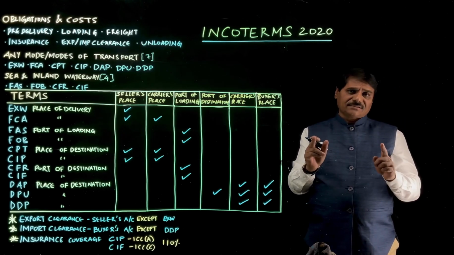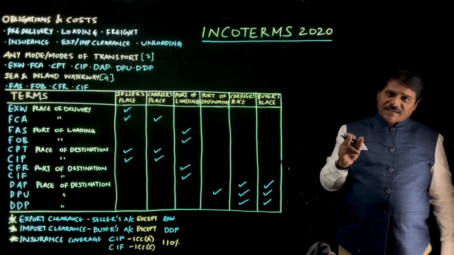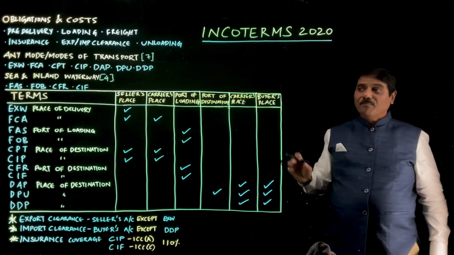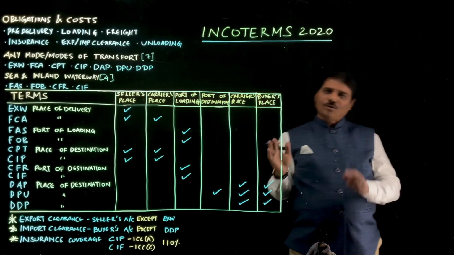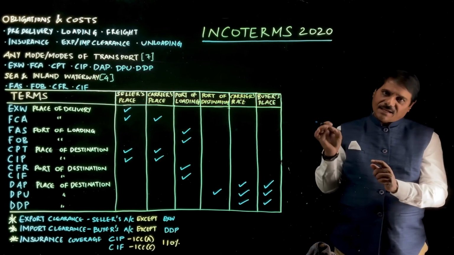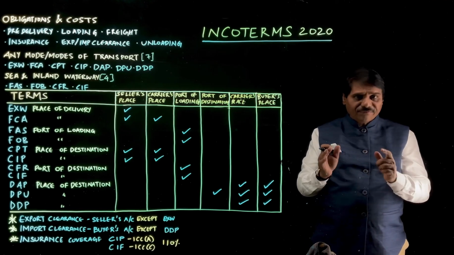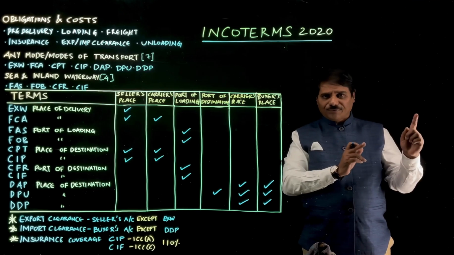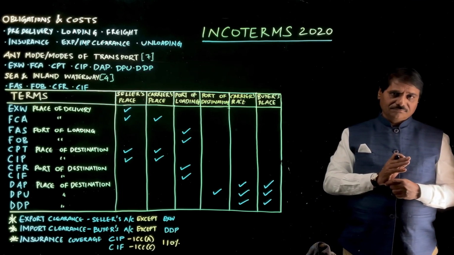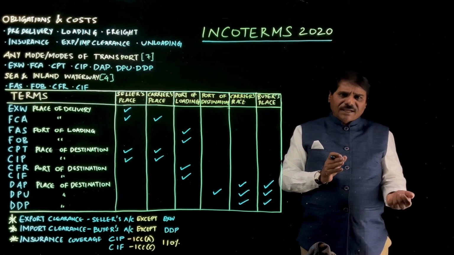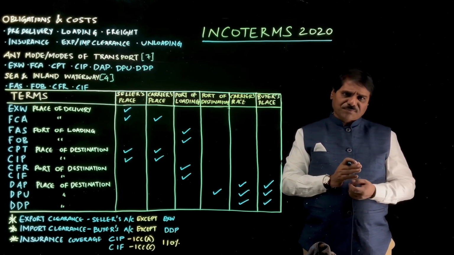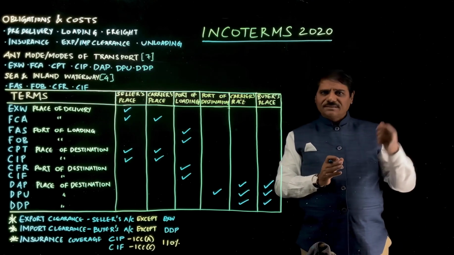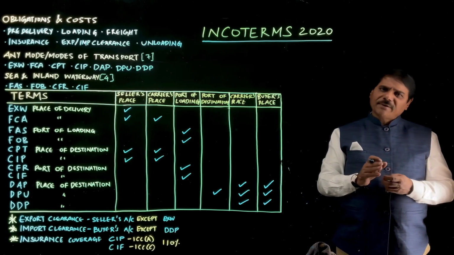As we discussed earlier, export clearance must always be taken care of by the seller, except for EXW. So export clearance the seller must take care of anyway. Even if he is delivering the goods at his warehouse, he should clear the goods for exportation. And import clearance, as we discussed, is the responsibility of the buyer. And unloading charges are anyway the responsibility of the buyer.